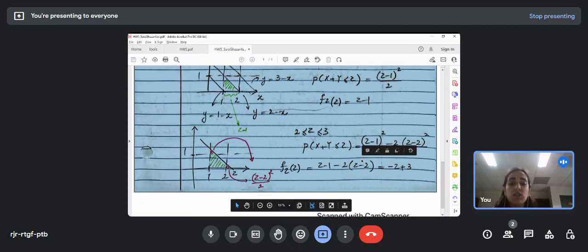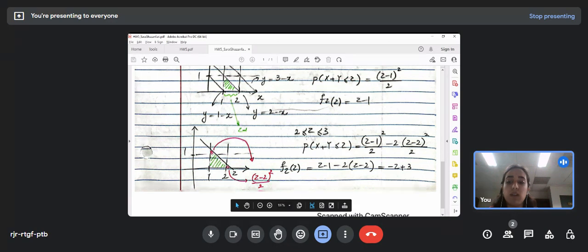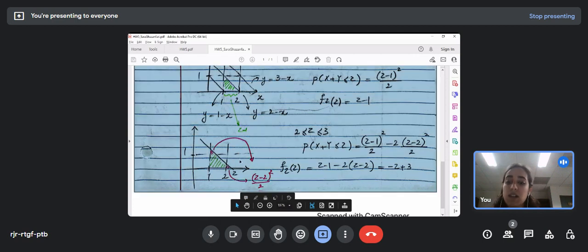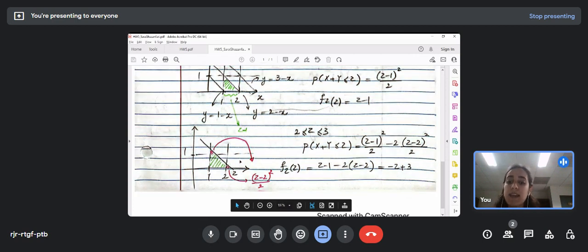Okay, let's go to the other area, which is z between 2 and 3. And because this is not a triangle, it's hard to calculate, we can do something to make it simple. We can calculate the area of the bigger triangle here, and then subtract these two small parts from that, and these two small parts are also triangles, so we can easily calculate the area, which is z minus 2 multiplied by z minus 2 divided by 2.